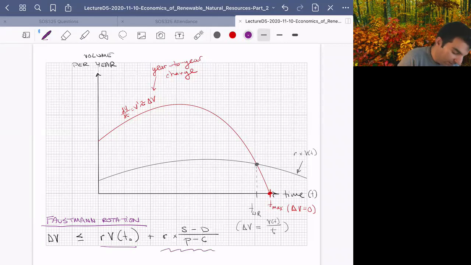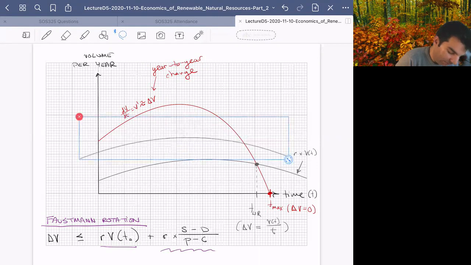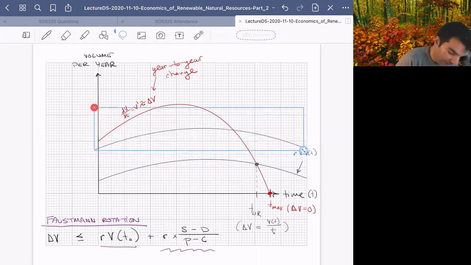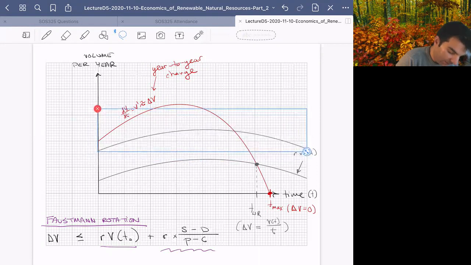And so what I'm going to do is copy this curve that I drew for the Wicksell and shift it up to some other point, let's say right here. And maybe I'll change the color as well.